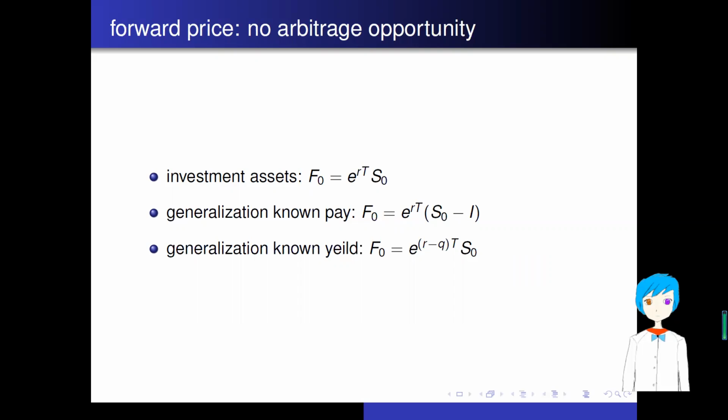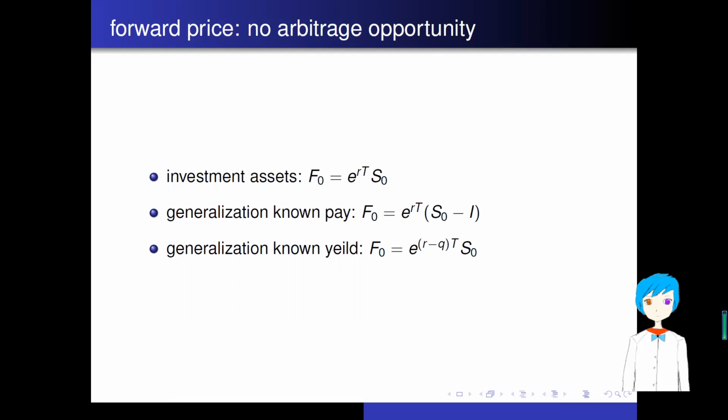One generalization is that holding the asset will generate a cash flow. If we discount the cash flow to its present value I, then the no-arbitrage forward contract price F0 is e to the power RT times (S0 minus I).